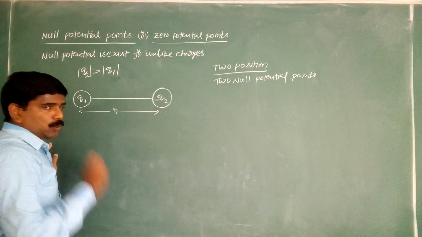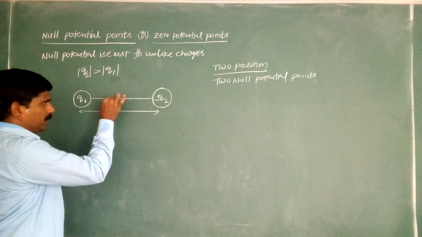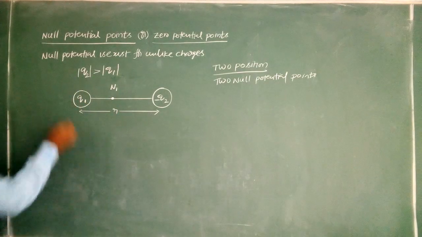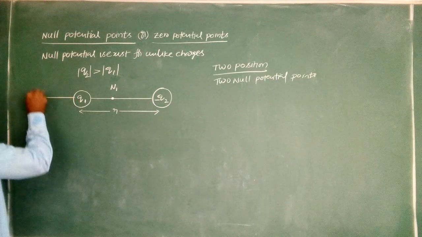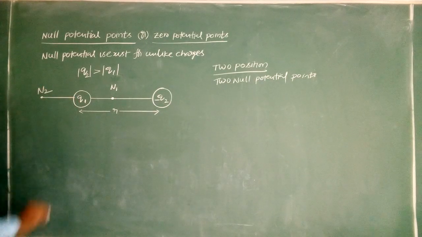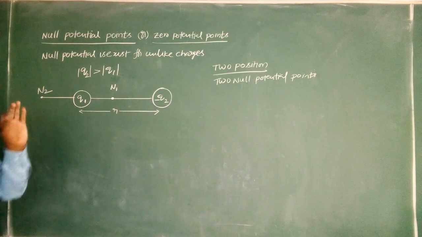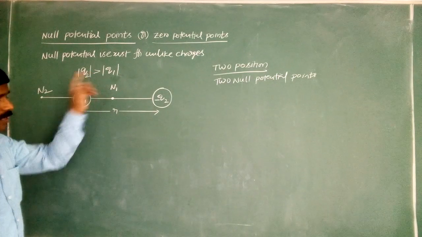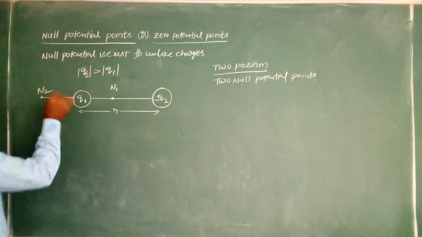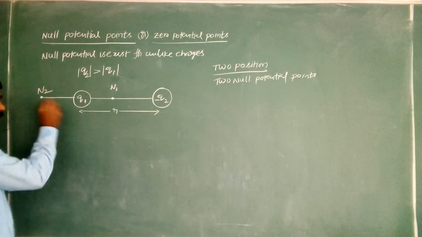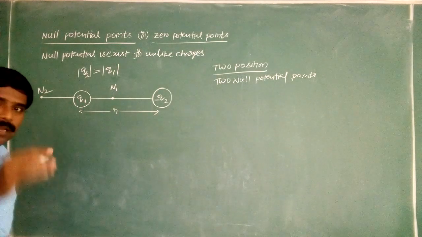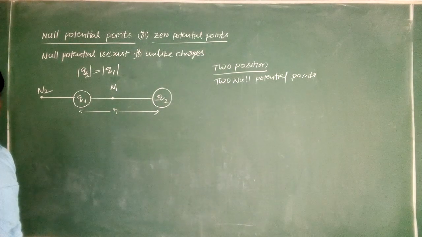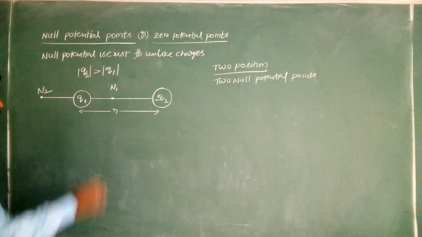Here there exist two null points. One is in between the charges, this is the first null point N1, and the second one is N2. Since the modulus of Q2 is more than the modulus of Q1, the second null point exists on the side of the lower magnitude of charge.